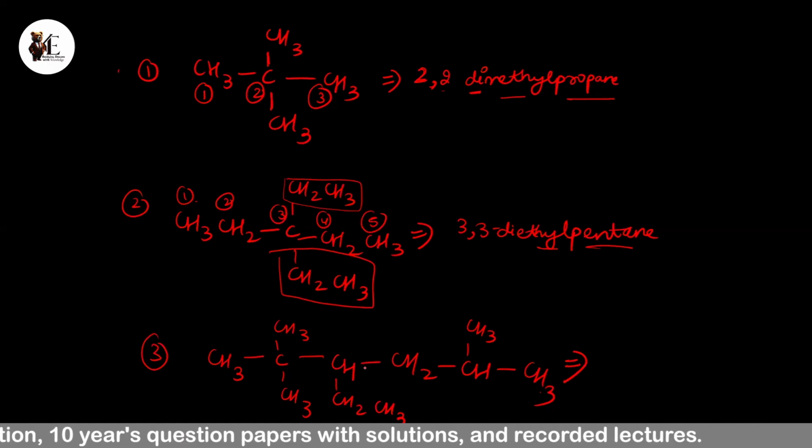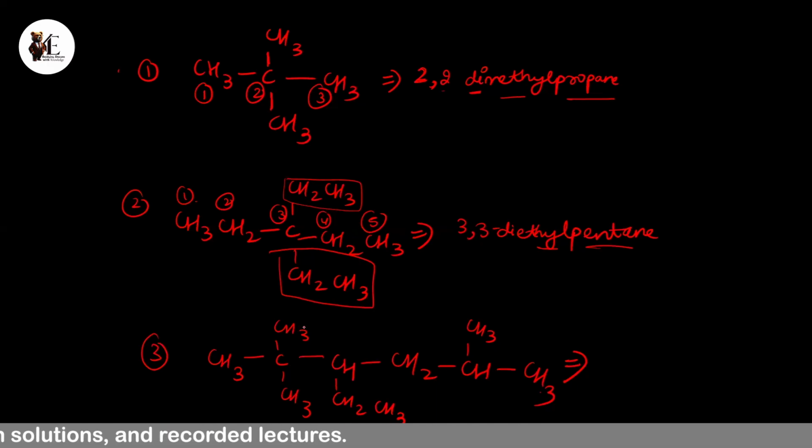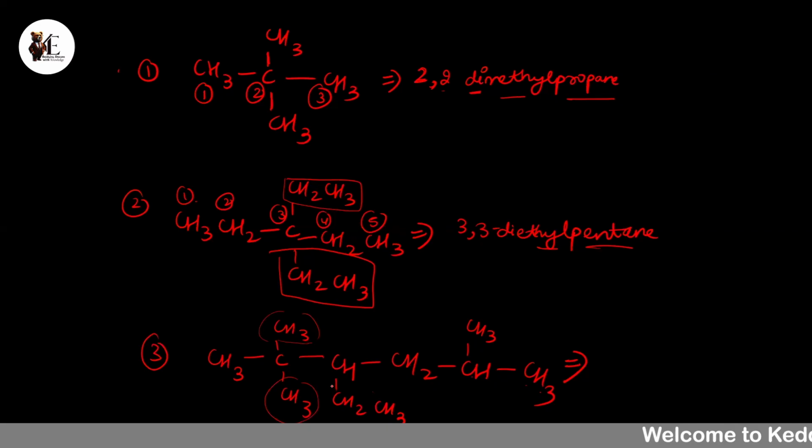2,5-dimethylhexane. But there are more groups. This is alkyl group. This is also methyl group. There's ethyl group. There's methyl group. 2,3-diethyl.